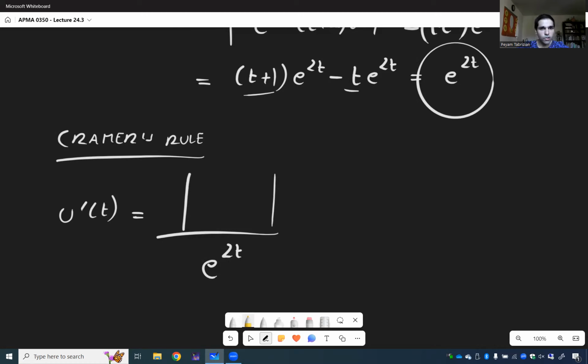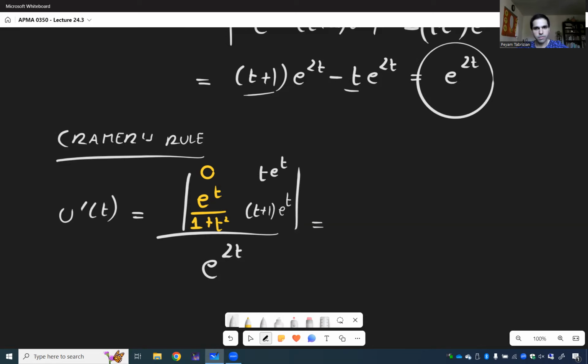For the numerator, same thing, but we replace the first column by the inhomogeneous term. So 0, e to the t over 1 plus t squared, and then t e to the t, (t plus 1) e to the t.